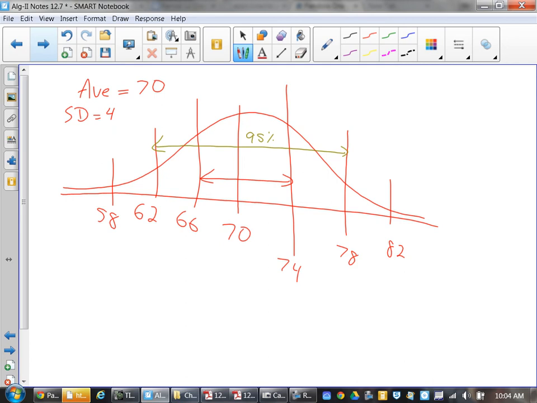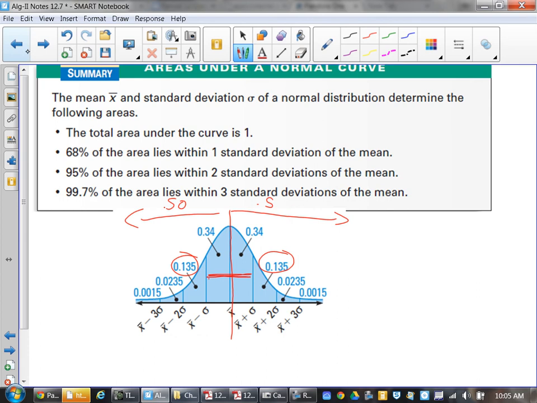No matter what the problem is, whether the standard deviation is 4, or 7, or whatever, it'll always show that 68% is within 1 standard deviation, 95% is within 2, and then 99.7% of all data will occur within 3 standard deviations, okay?